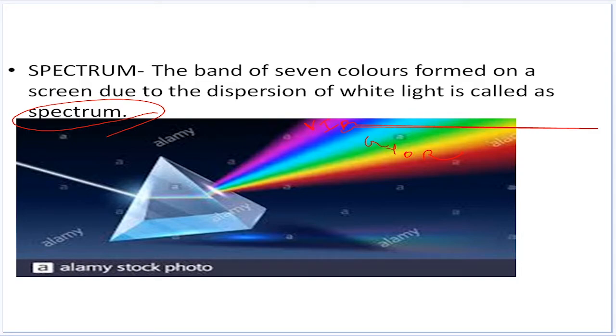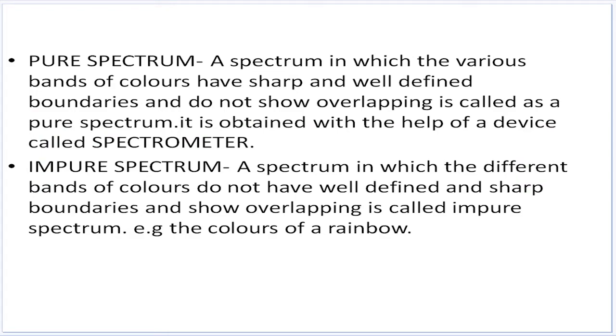Now children, necessarily the spectrum may not be a pure spectrum. In case of a glass prism or in a rainbow, when we obtain a spectrum, we find it is an impure spectrum. Now what is an impure spectrum? A spectrum in which the different bands of colors do not have well defined and sharp boundaries.